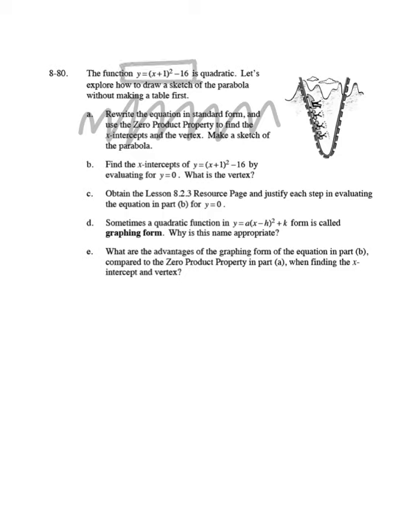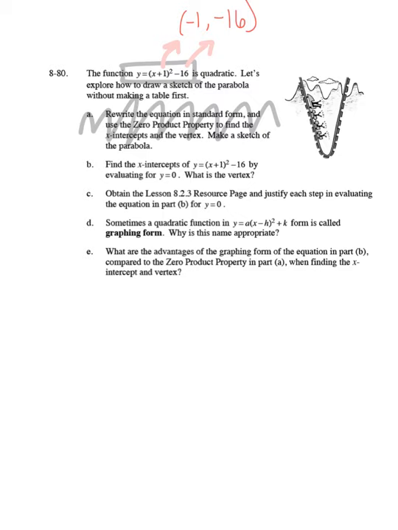If I'm looking at that equation, I know right away that the vertex is at -1, because -1 plus 1 would make 0, comma, -16.